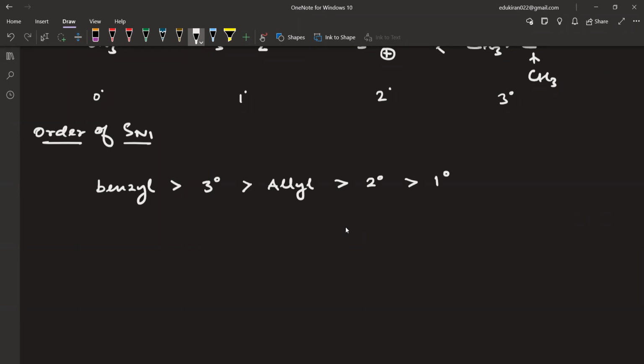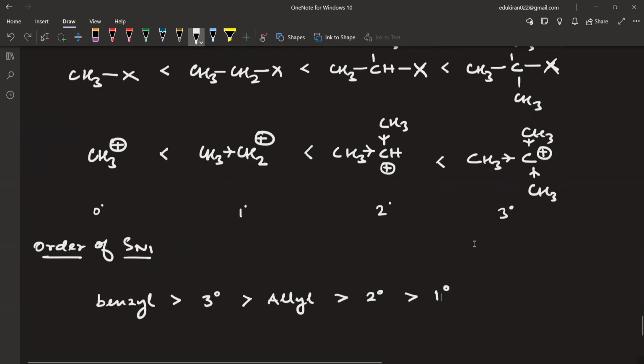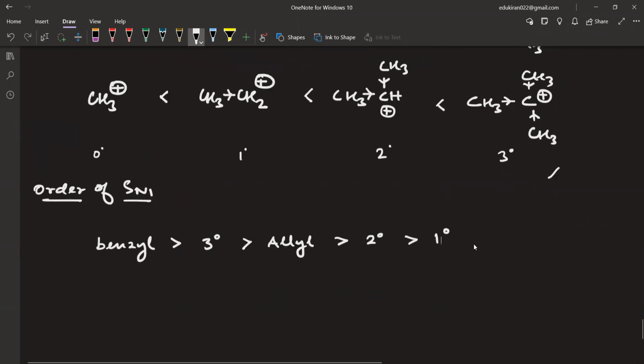3 degree is very, very stable, even stabler than allyl, because there are 9 hyperconjugating structures. If you remember alpha hydrogen, the number of hydrogens on the alpha carbon: this is the carbocation, and these 3 carbons are alpha carbons, having 9 hydrogens. That is why 3 degree is very stable. Benzyl is the structure where you have CH2X further bonded with the benzene ring.